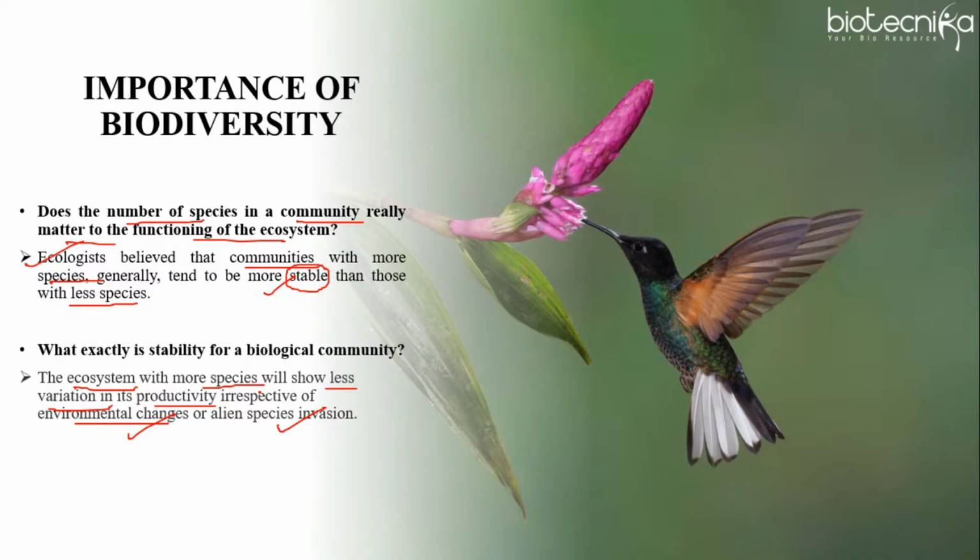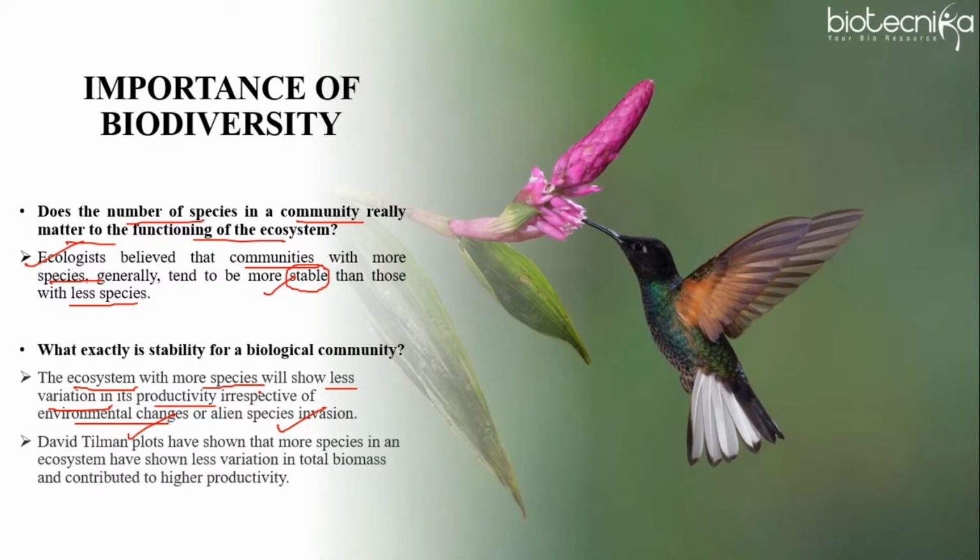We don't know exactly how these attributes are linked to species richness in a community, but David Tilman's long-term ecosystem experiments using outdoor plots provide some tentative answers. These plots have shown that more species in an ecosystem show less variation in total biomass and contribute to higher productivity. Why do you get higher productivity? Because an increase in species number increases the efficiency of the food web, and the net productivity increases, and this makes the ecosystem resilient.